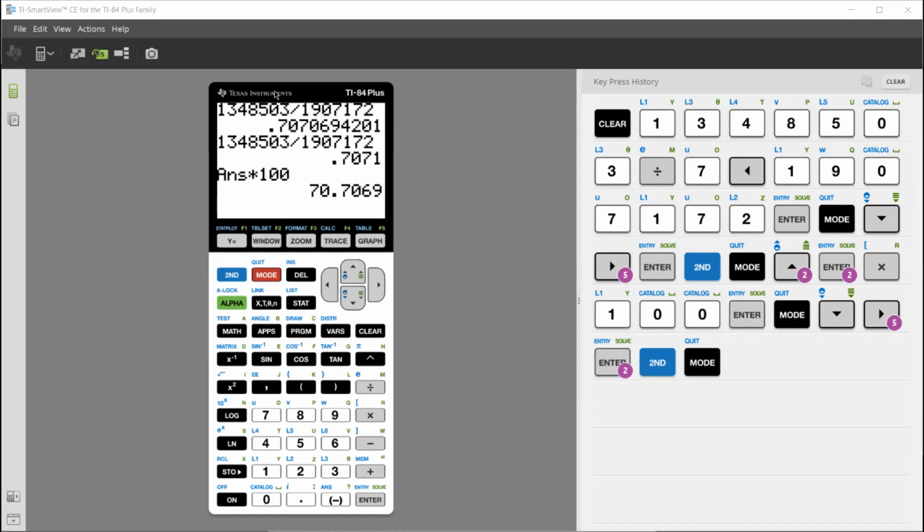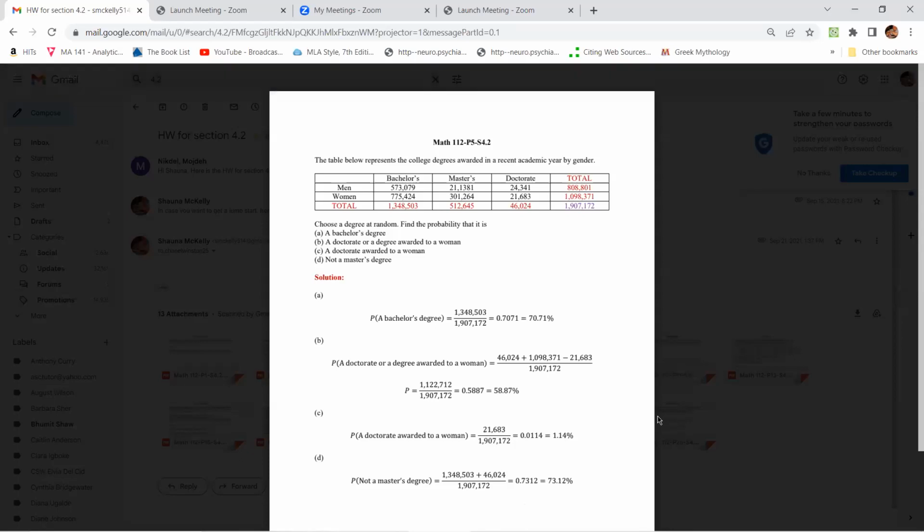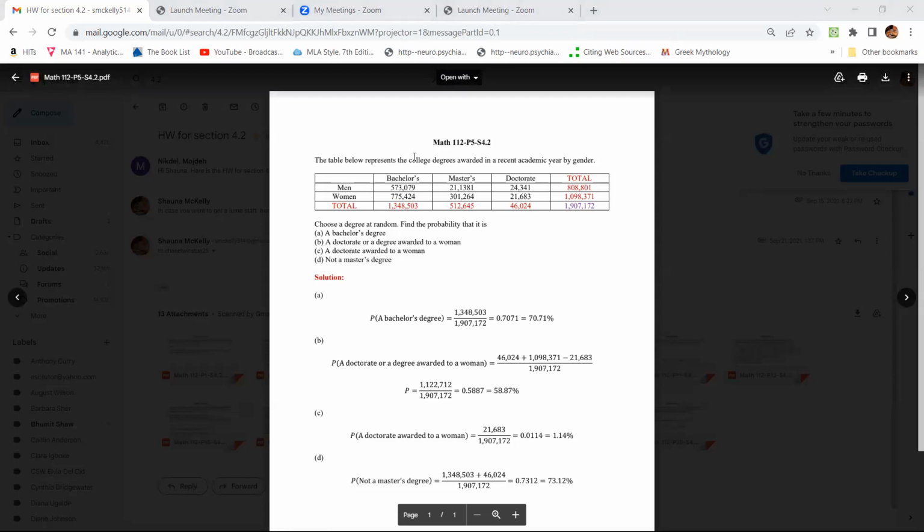B is asking me for the likelihood of a doctorate or a degree that's been awarded to a woman. Now that's where this gets tricky. If we look at the doctorates, how many doctorates do I have? 46,024.